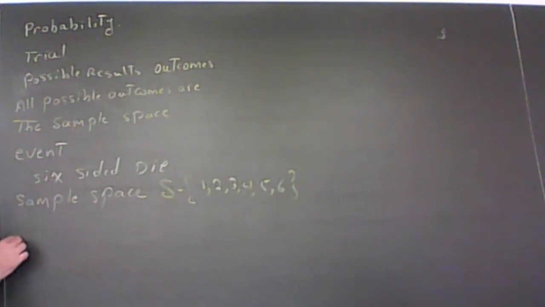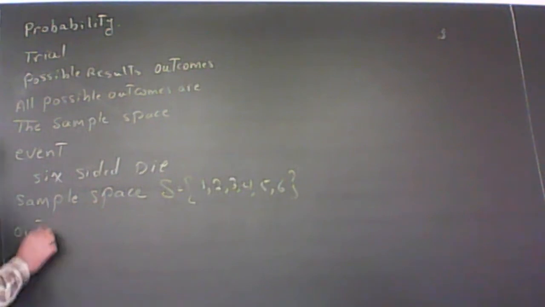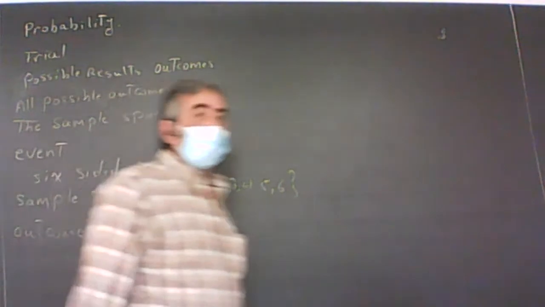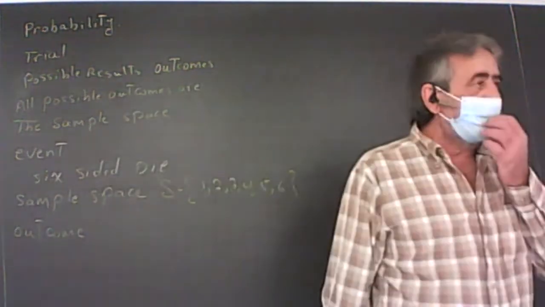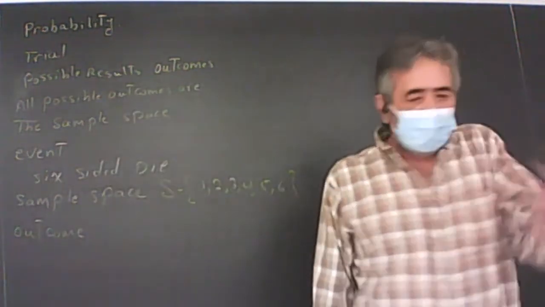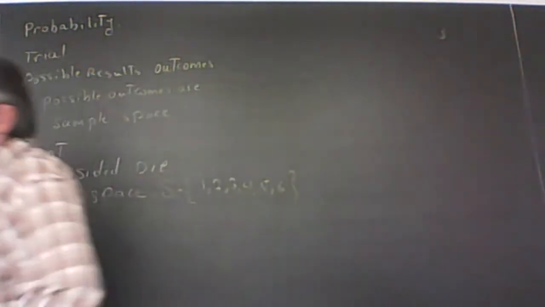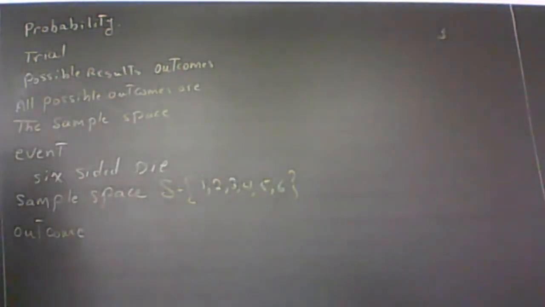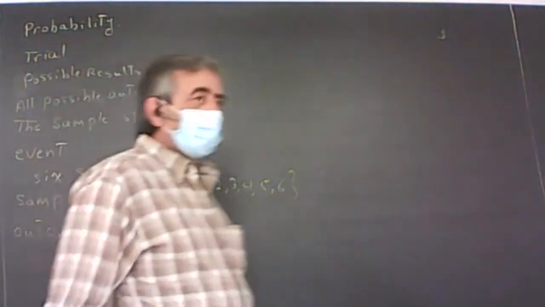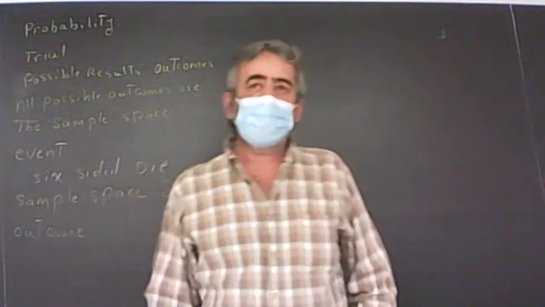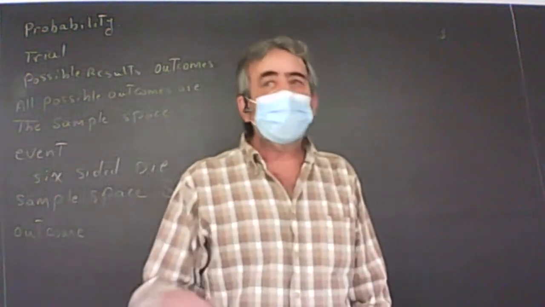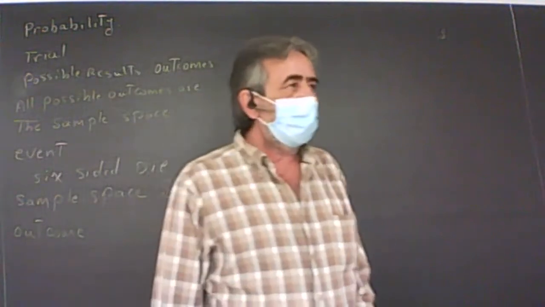The outcome would be whatever number shows up. So if I roll the die and it stops on 1, then the outcome for that trial is 1. You could roll it and get a 6, and the outcome for that particular experiment is 6.